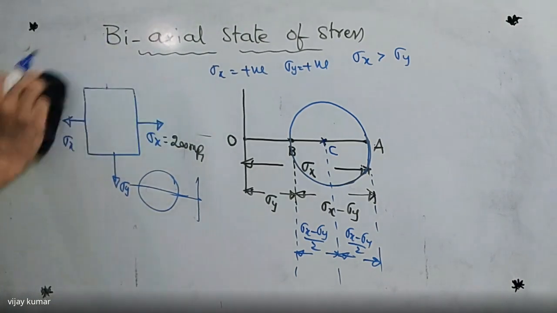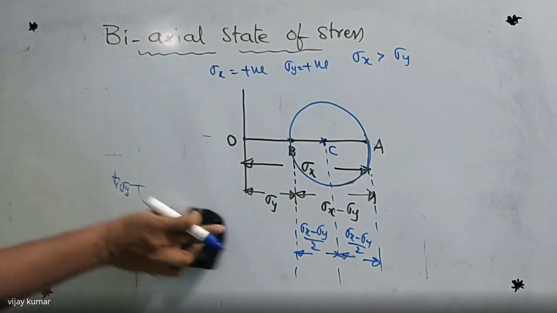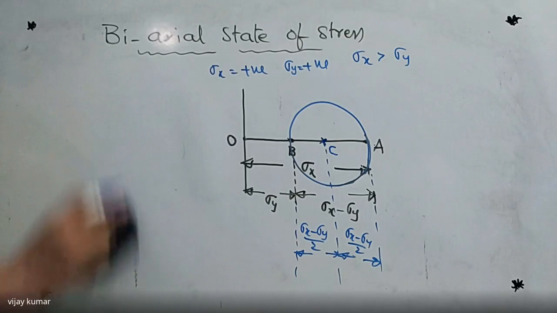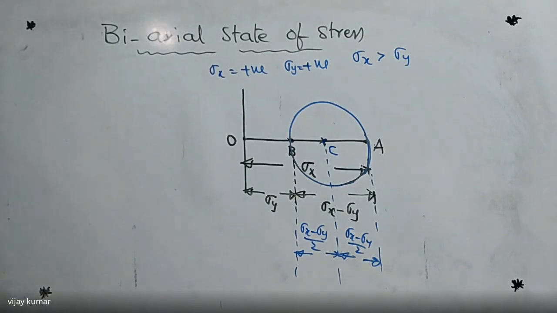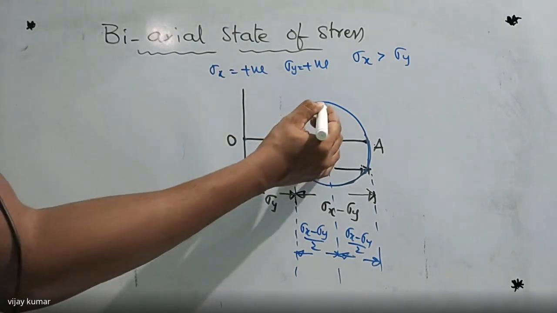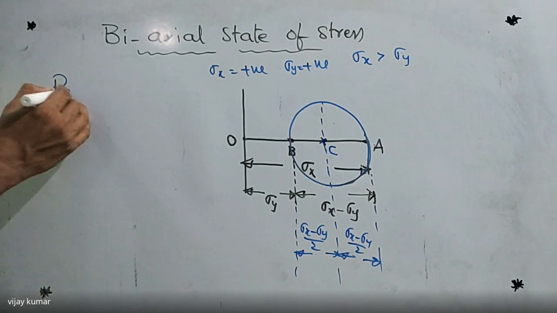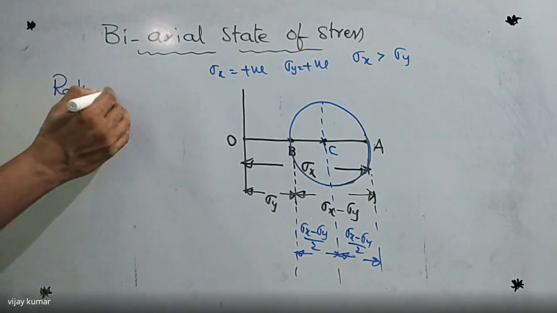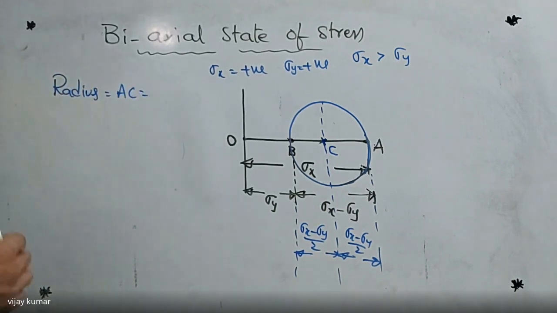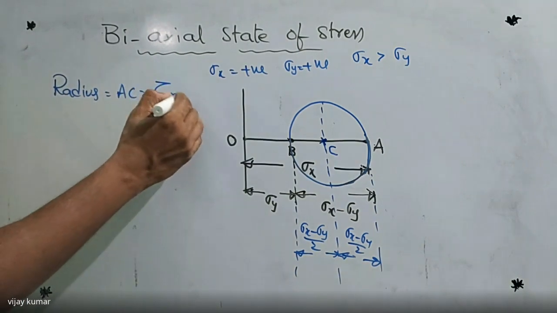Now tell me, what is the value of the Mohr circle radius? This is AC. Radius is equal to AC, which is also equal to tau maximum.